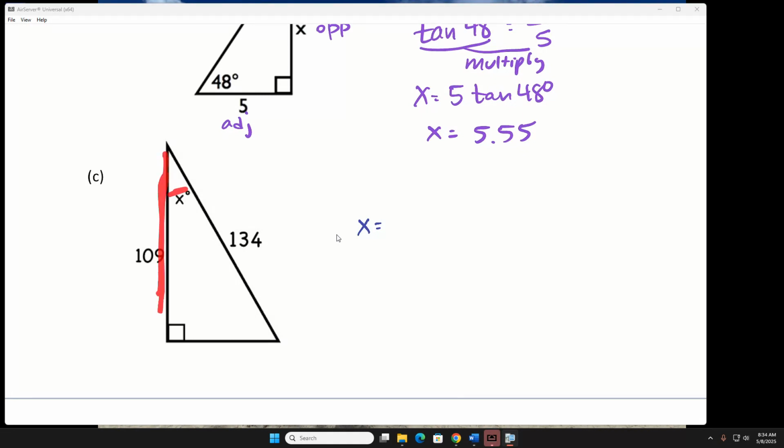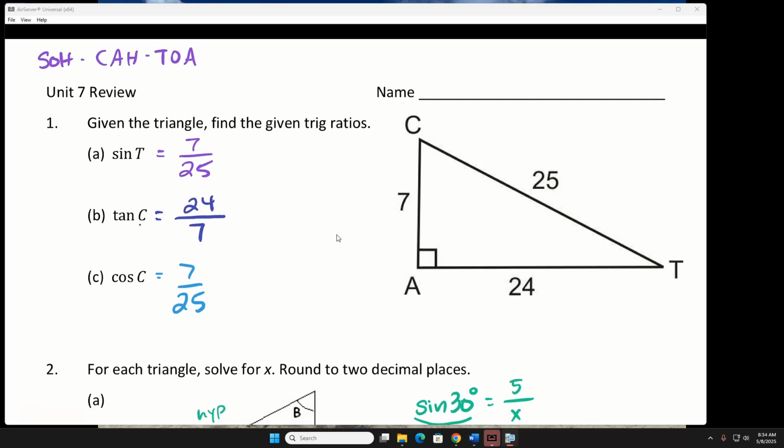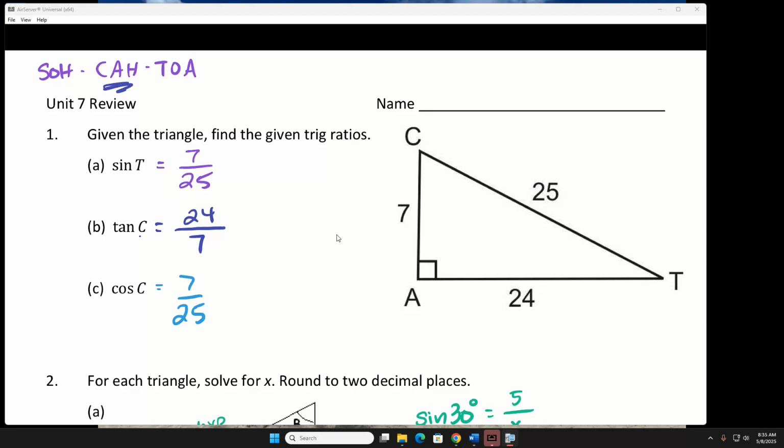This side is the adjacent side, and then 134 is the hypotenuse. I always know it's the hypotenuse because it's opposite of the right angle. When I have adjacent and hypotenuse, that's the CAH part of SOHCAHTOA.